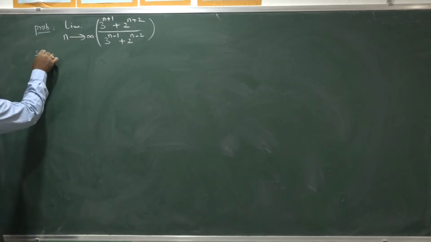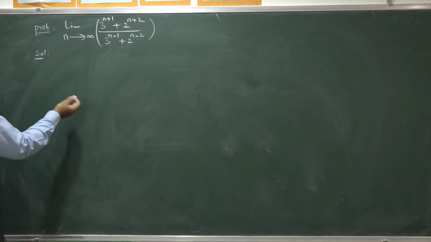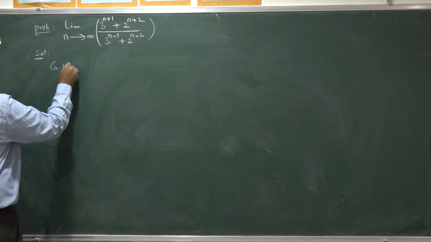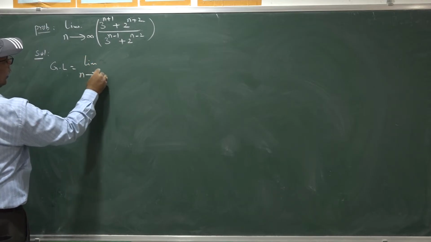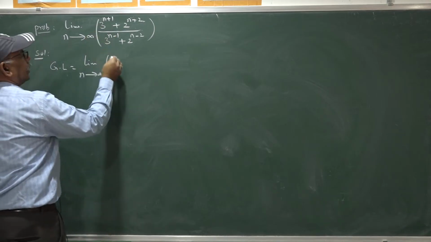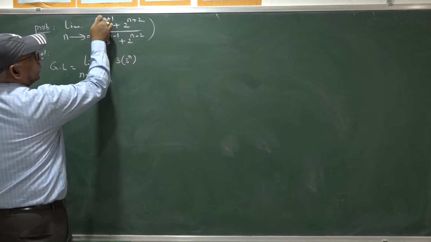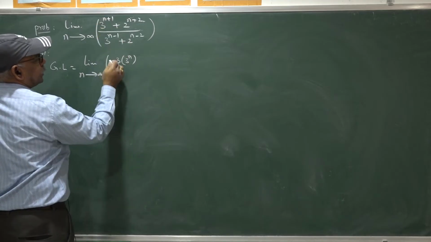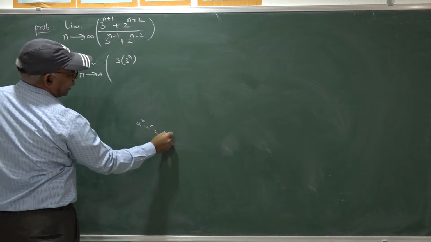In such a case, this is also of the form infinity by infinity. To evaluate such limits, write the given terms like 3 into 3 power n. 3 power n plus 1 may be written using a power m into a power n equals a power m plus n.